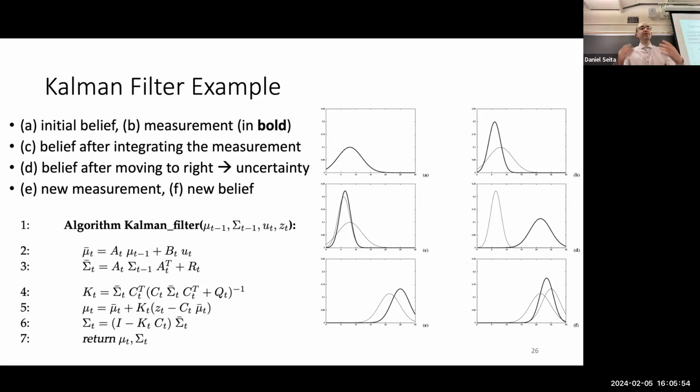For Bayesian filtering, the belief was some distribution, maybe a discrete distribution. The key assumption of the Kalman filter is that we can represent this as a Gaussian, so we just need a mean vector and a covariance matrix. That's enough to specify our belief.